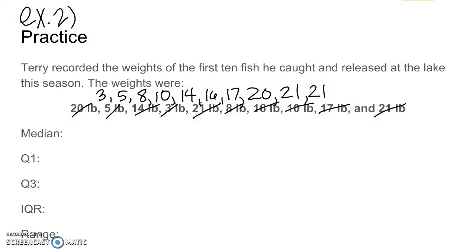Okay, I missed 14 at first, my bad. I usually count and make sure that the number of numbers is the same. I have 1, 2, 3, 4, 5, 6, 7, 8, 9, 10, and then I have 1, 2, 3, 4, 5, 6, 7, 8, 9, 10.